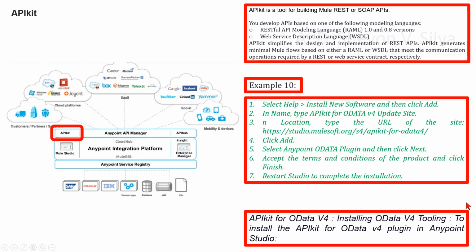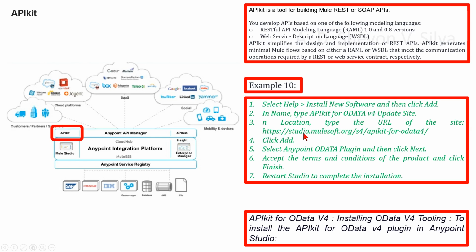Now we are considering installing OData version 4 tooling in APIkit for OData version 4. To install the APIkit for OData version 4 plugin in Anypoint Studio, select Help, then Install New Software, and then click add. In name, type APIkit for OData version 4 update site, and in location type the URL of the site, for example here, then click add.